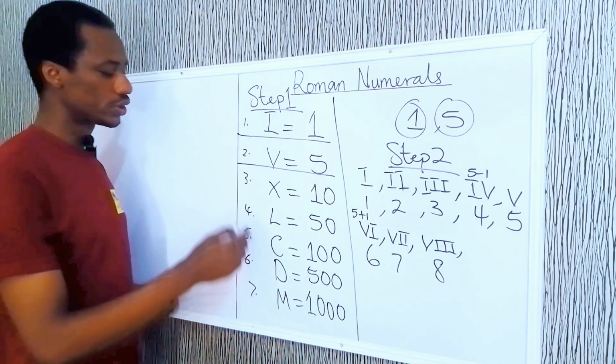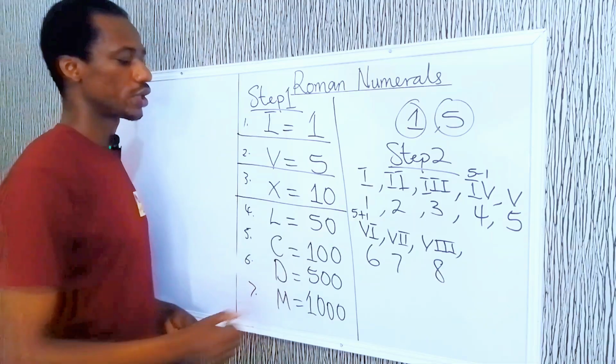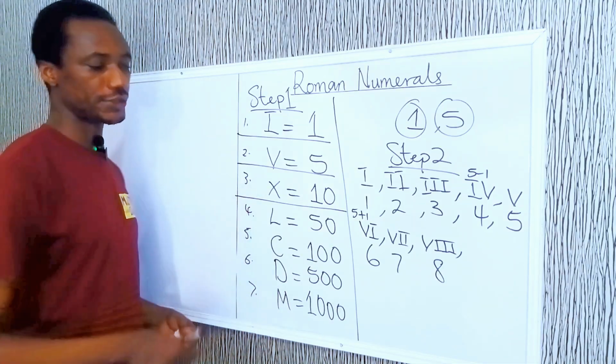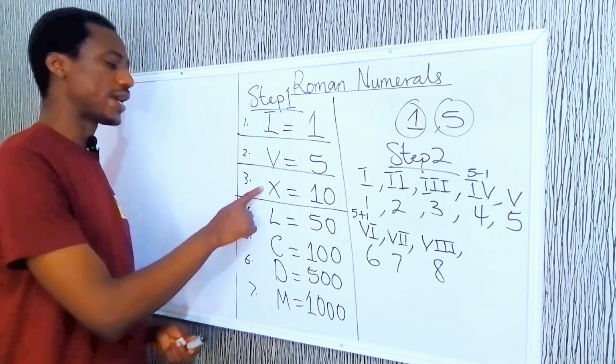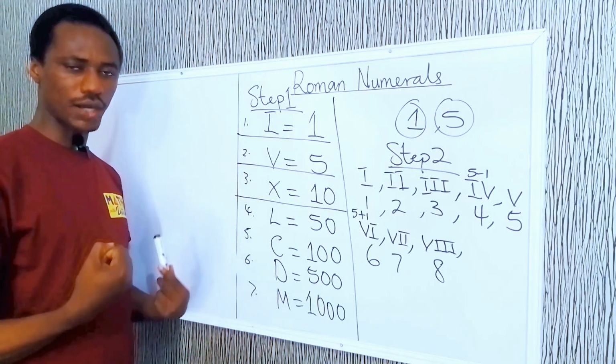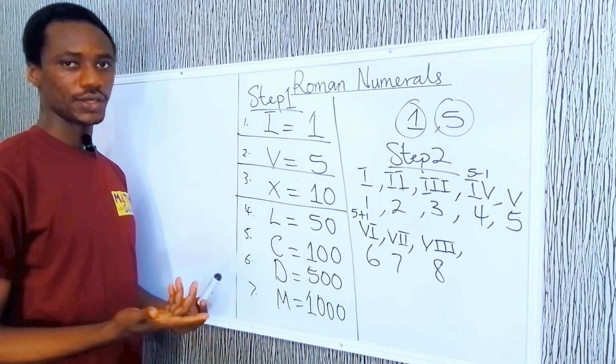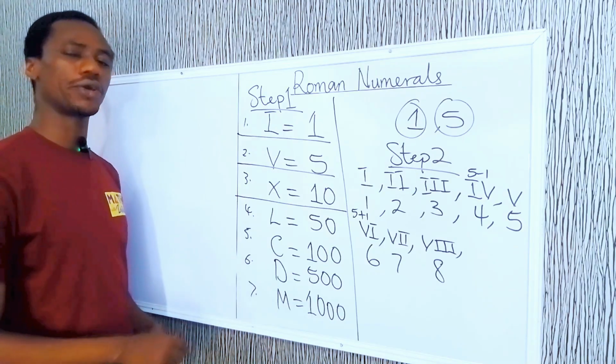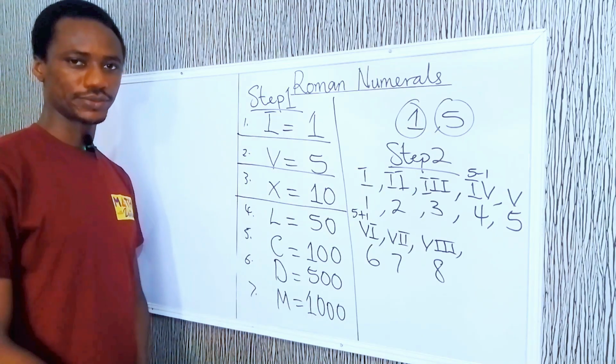So we're moving to the next one, which is 10. So how do we get 9 from 10? We take away 1 from 10, right? So if you want to take away 1 from 10, how are you going to write it in Roman numerals?